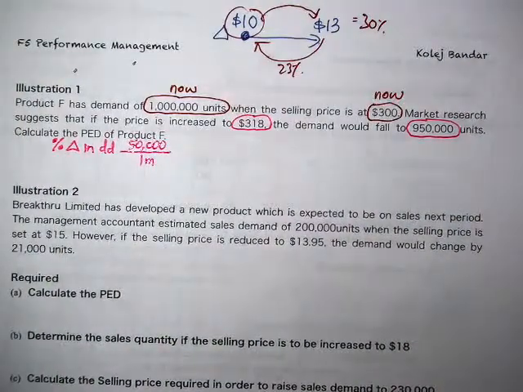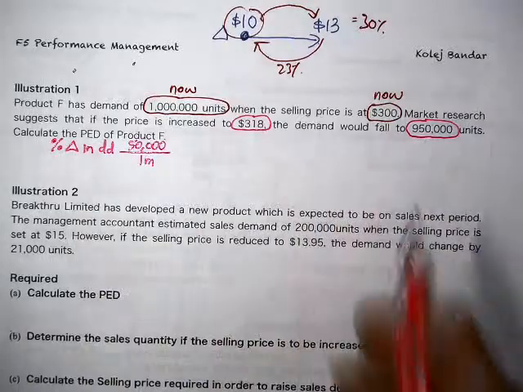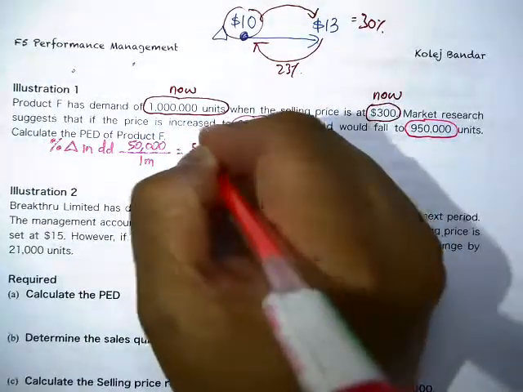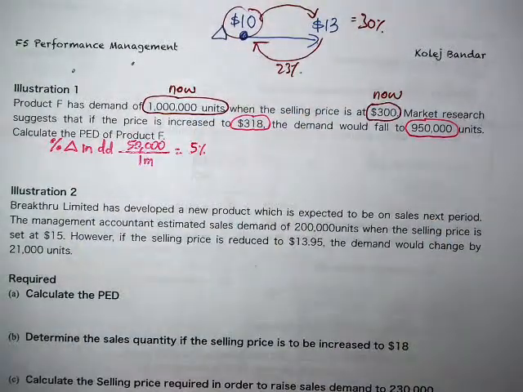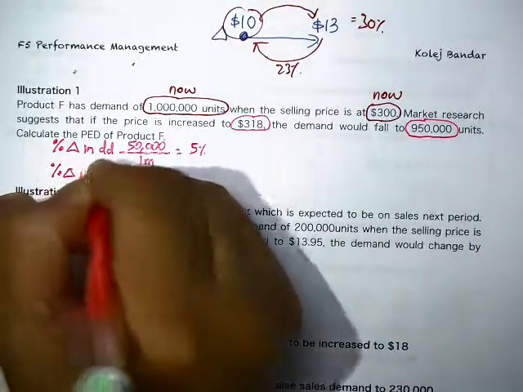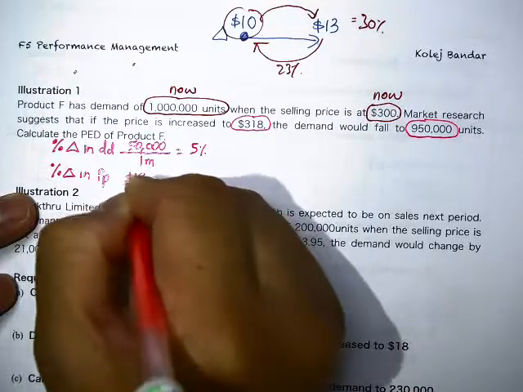Alright? Because from 1 million you change. So that will be how many percent? 50,000 out of 1 million. Then the percentage change in the price is 18 from 300.